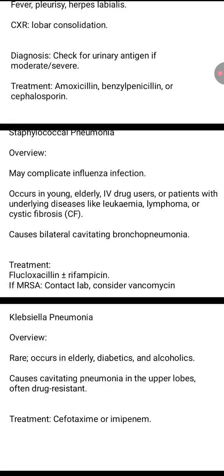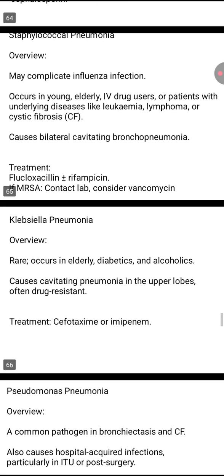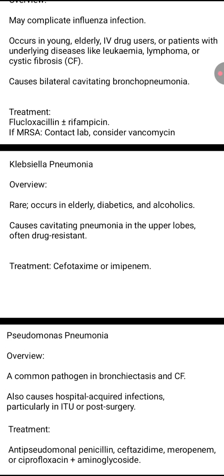It causes bilateral cavitating bronchopneumonia, which is what you see on chest x-ray. Treatment is flucloxacillin plus or minus rifampicin. If there is methicillin resistant Staphylococcus aureus, you contact the lab, send samples to the lab, and consider adding vancomycin to your treatment.